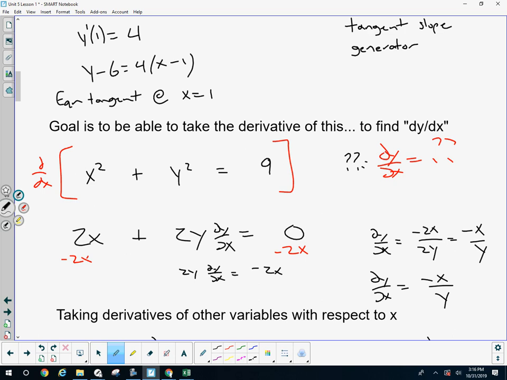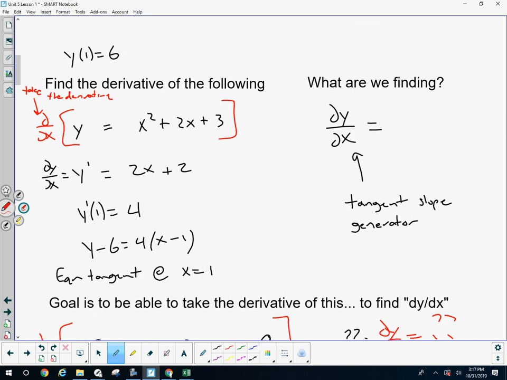It's fine. That's it. It's got both an x and a y. We are used to, just like what we did before, just plugging in an x. You know, I find the equation of the tangent at x equals 1. So yeah, I can plug in 1. You need both an x and a y.